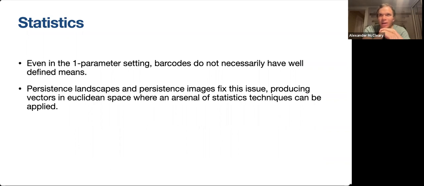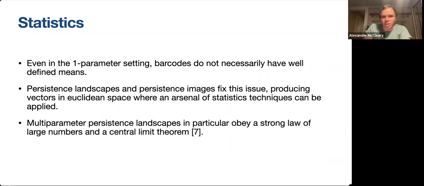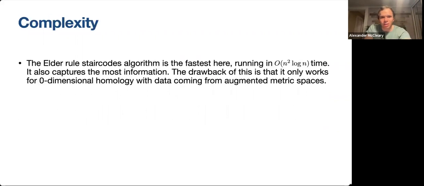That's the goal of these persistence landscapes and persistence images, to give us something in Euclidean space. Multi-parameter persistence landscapes are particularly nice from a statistical point of view because they obey a strong law of large numbers and a central limit theorem, which are two very important concepts in statistics.